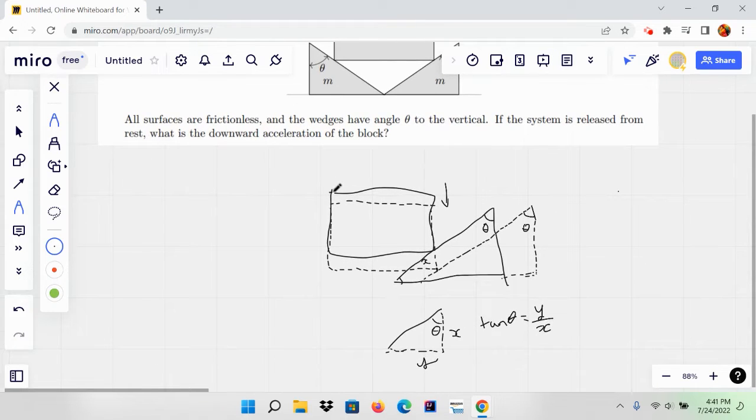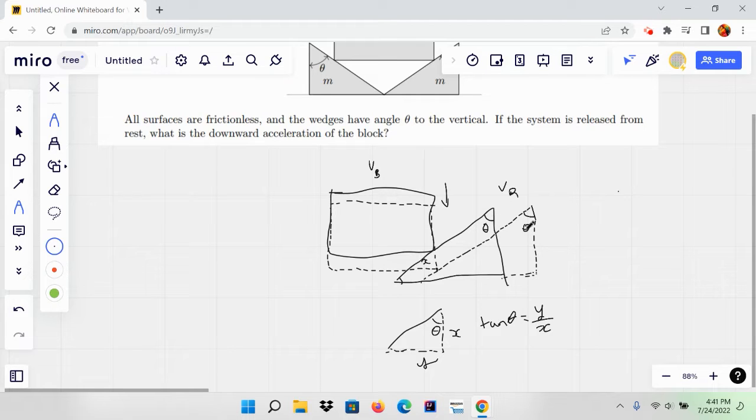This is just to relate the velocities. If we let the velocity of the block be VB, and the velocity of the ramp be VR, let's say the block moves down a distance of x.